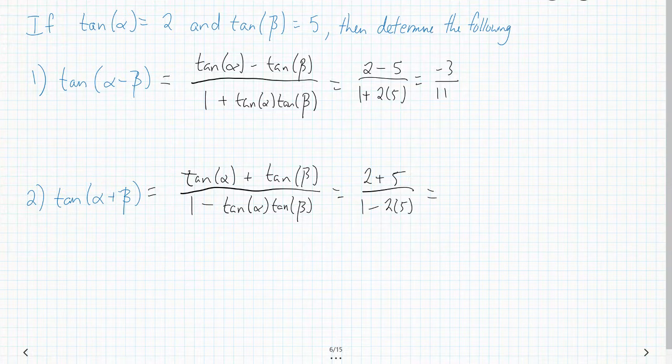Okay, so this becomes 7 over, well, that'd be negative 9 down below, and you're done. That's all there is to this one. So at the end of the day, the tangents are nice because these tangents just give you other tangents involved in the summation formula.